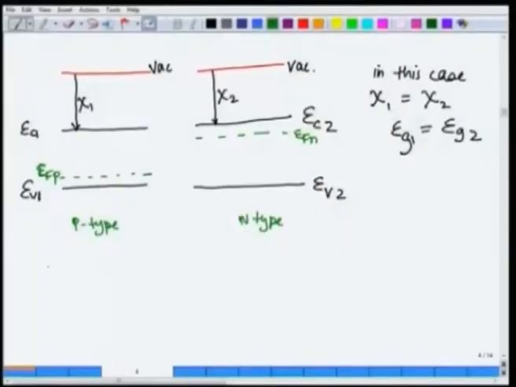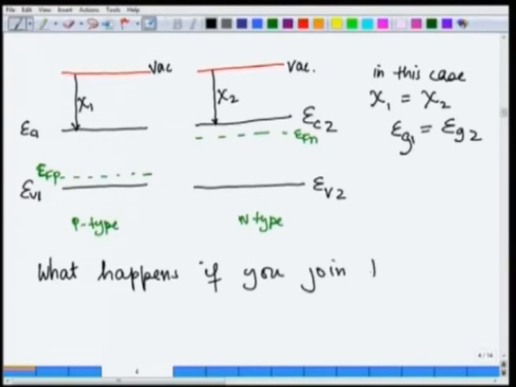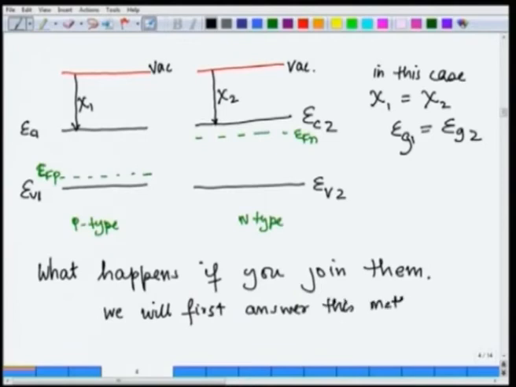So, the question is, what will happen if you join them? We will first answer this mathematically and then examine physically.